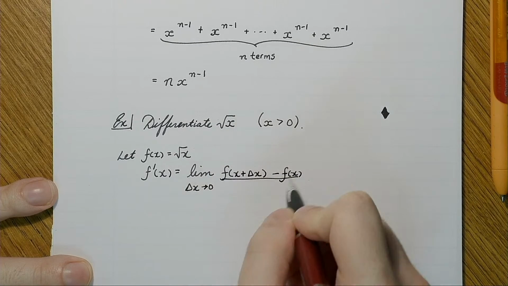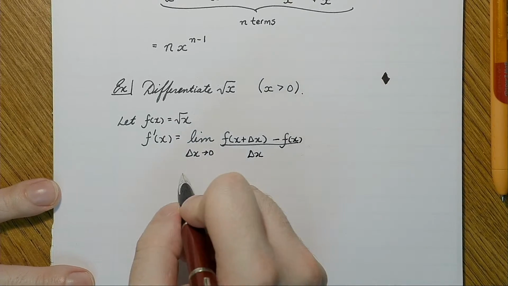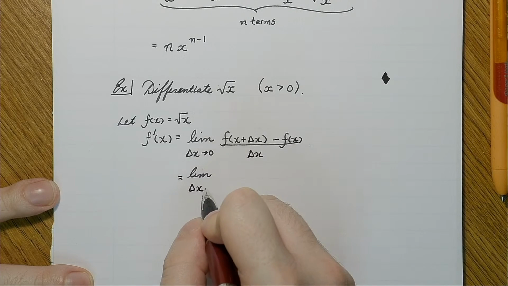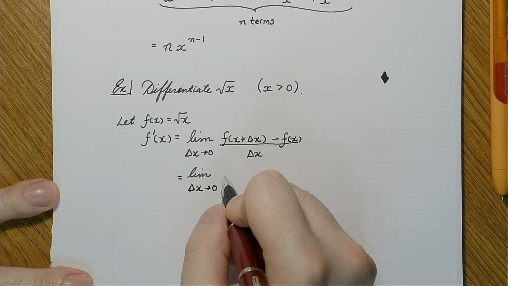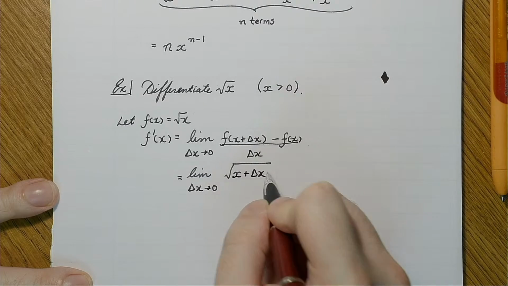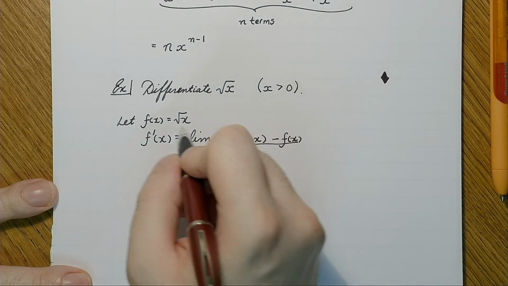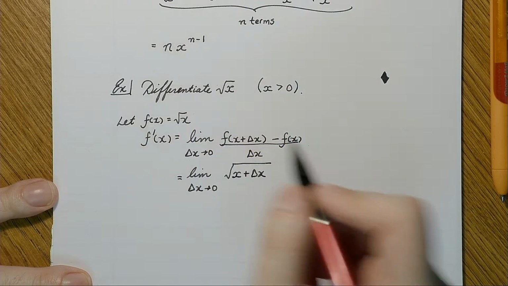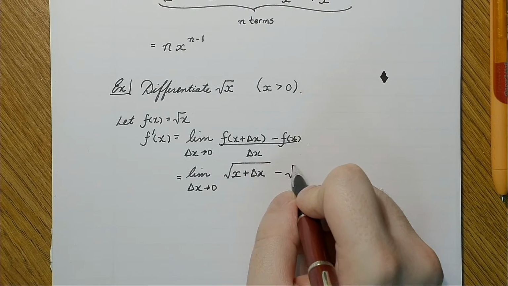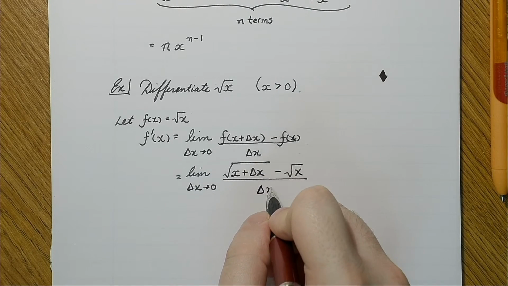So I have my difference in my y's, my difference in my x's. Now I'm substituting in my value, so I have x plus delta x being put into that function, the square root of x plus delta x, minus square root of x, all divided by delta x.